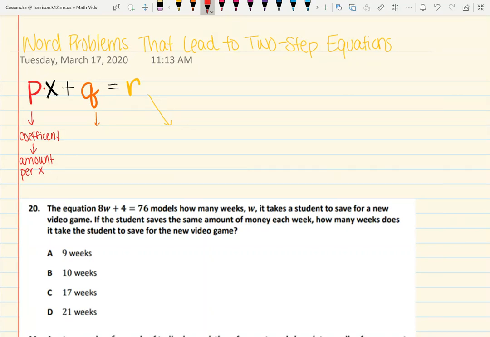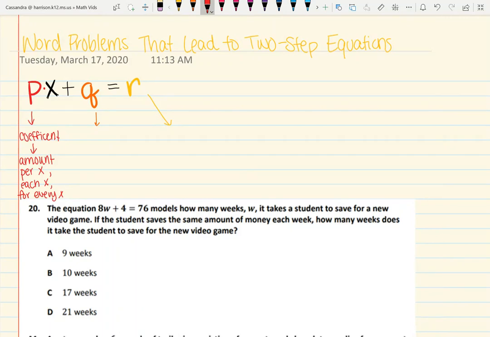If x is the number of apples that you grab at the grocery store, P could be the weight per apple. So it's per one x. And you're either going to see the word per or you might see the word each, or for every x, something like that, which states that every time you see an x, this is how much an x is. Not how many an x is. The black right here represents how many x's. P represents how much a single x represents in the word problem.